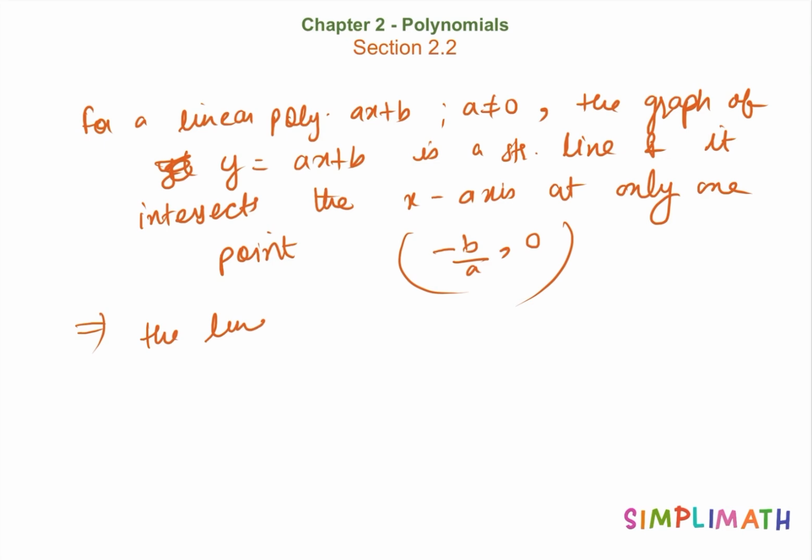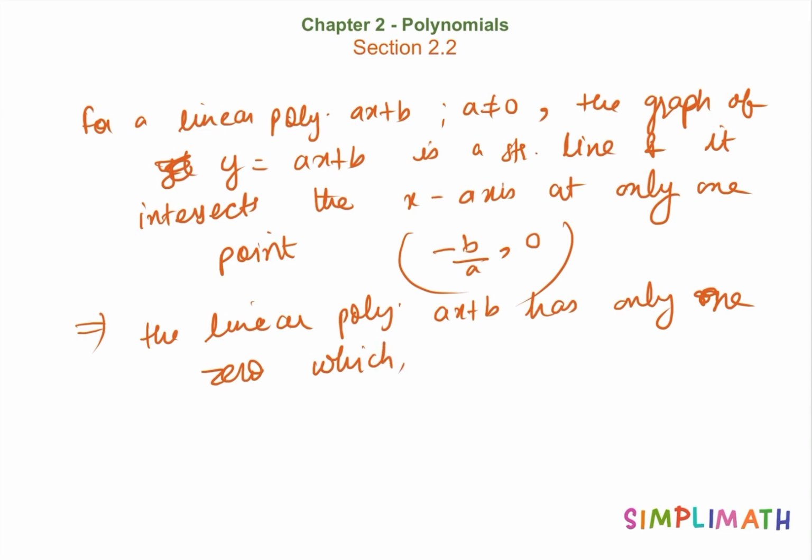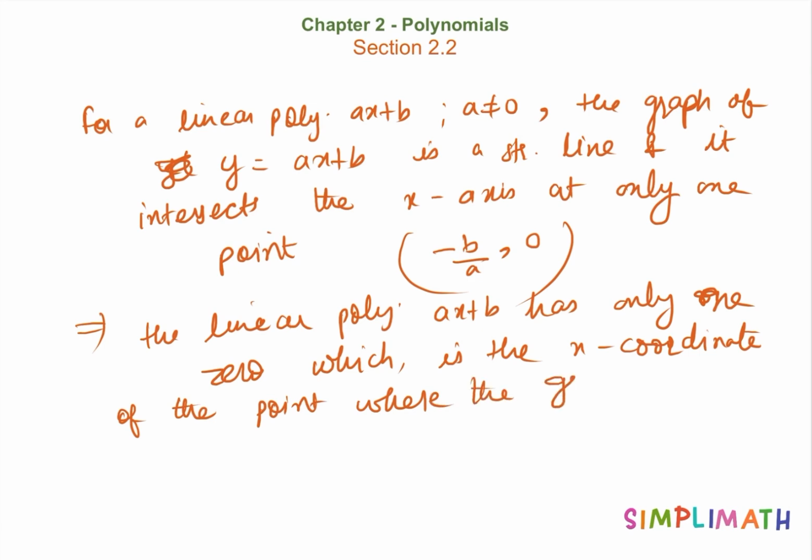The linear polynomial ax plus b has only one zero, which is the x-coordinate of the point where the graph of y equals ax plus b intersects the x-axis.